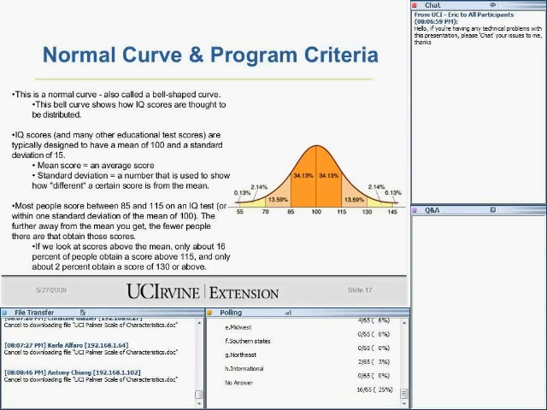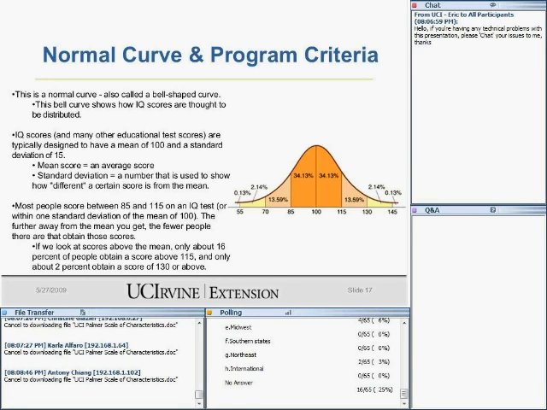So when test manufacturers standardize these IQ tests, they manipulate the numbers so that the scores that you get, called standard scores, and this is all explained, you can see there on the left-hand side of the curve, fall into this pattern. They try to fit the scores to this pattern as much as possible. It's not a perfect fit, but it's a pretty good fit.